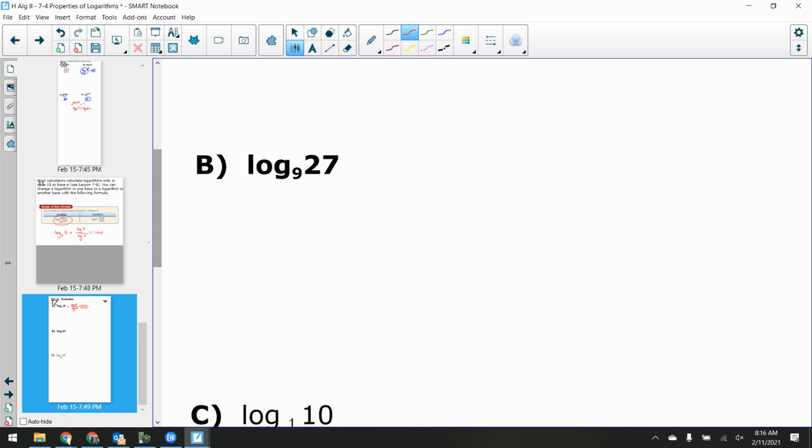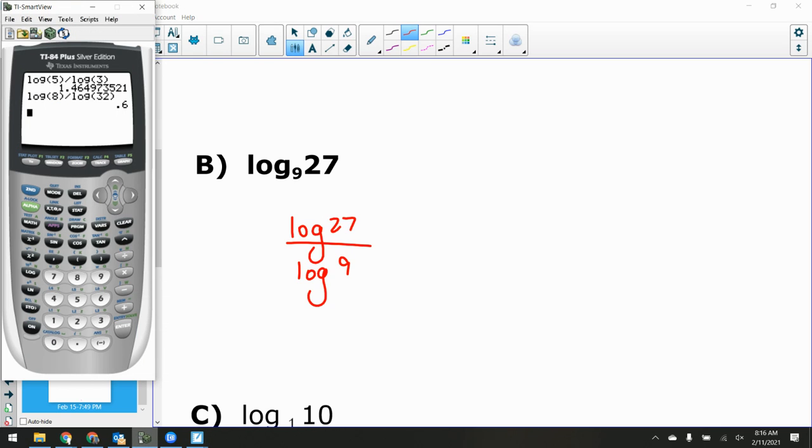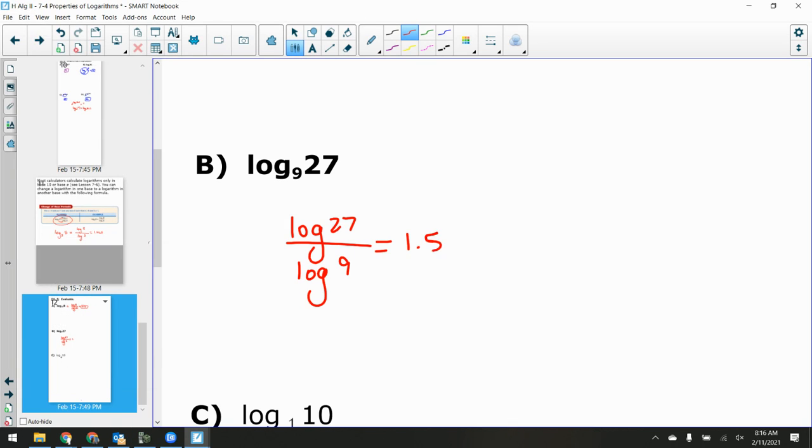Take a look here. Log base 9 of 27. I could make that log of 27 divided by log of 9. This one is actually unique. Eyes up here real quick. Watch what I can do.